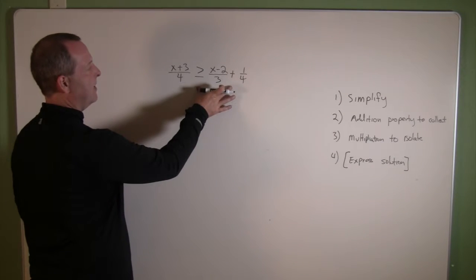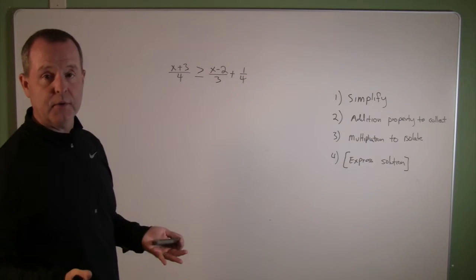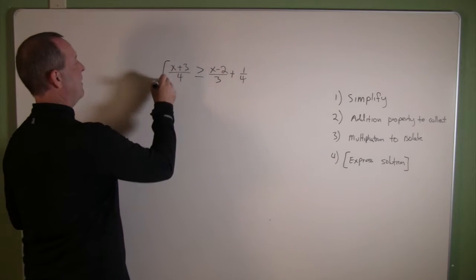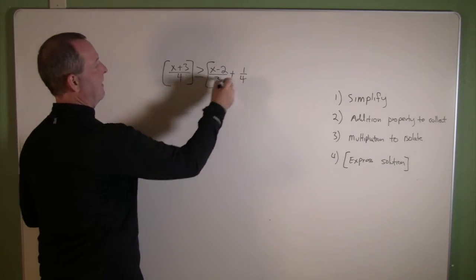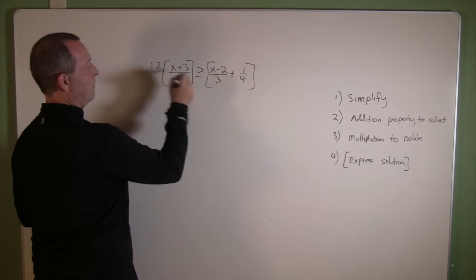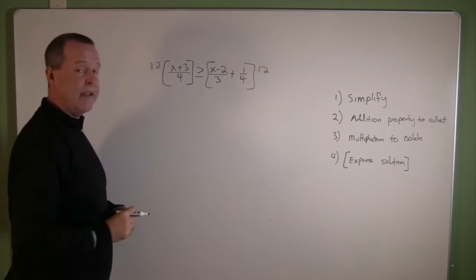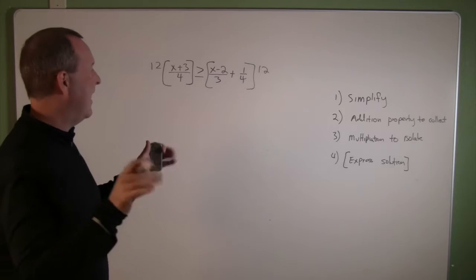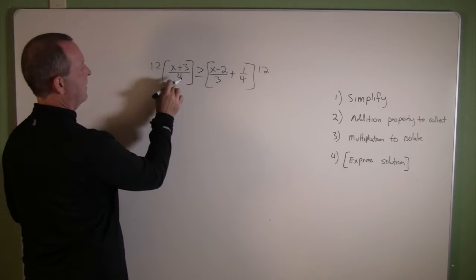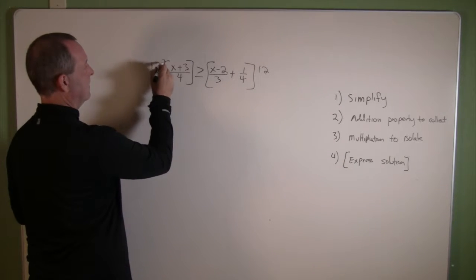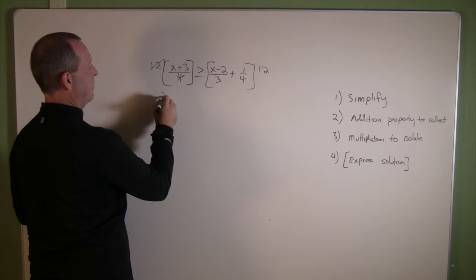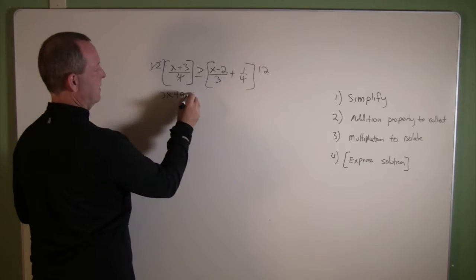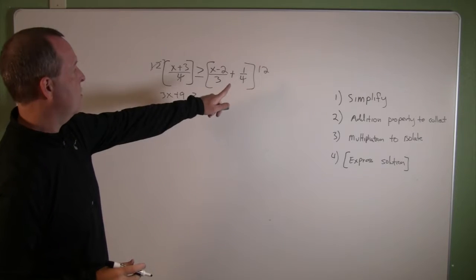So let's look at my common denominator, where I have fours and threes. Well, if I multiply everything through this side and that side by 12, I think my denominators vanish. So 12 makes this a 3. So I have 3x plus 9, which is greater than or equal to what's going on over here.